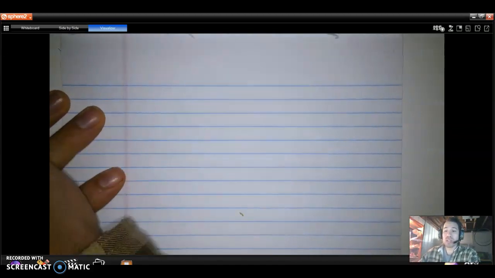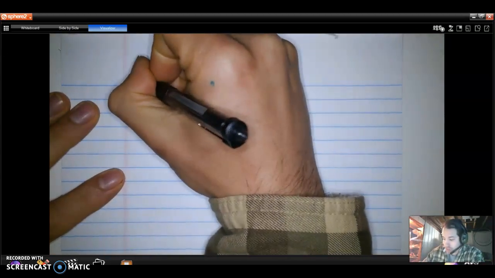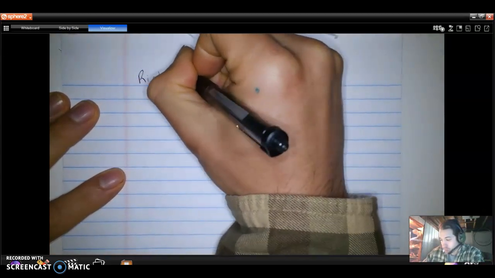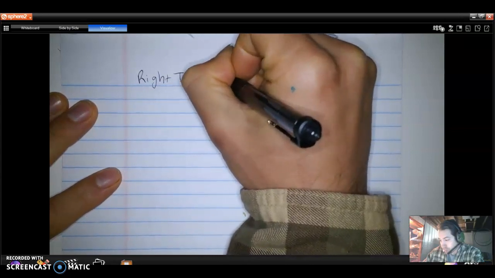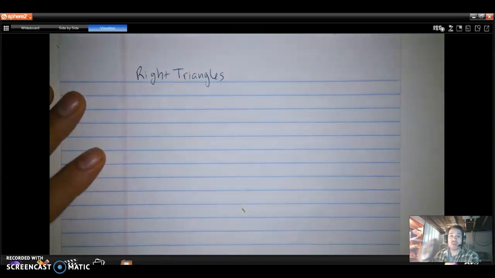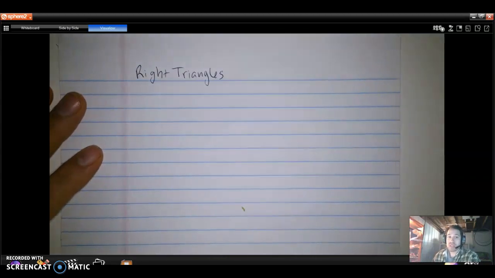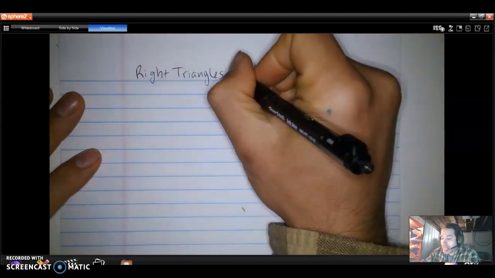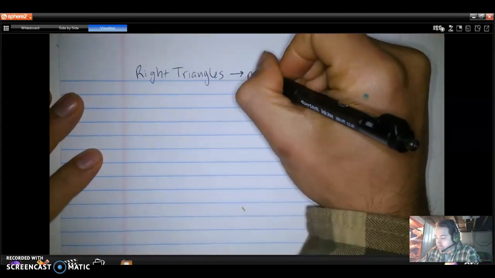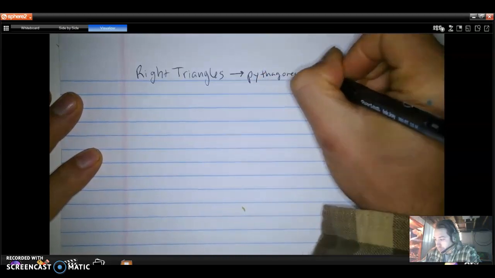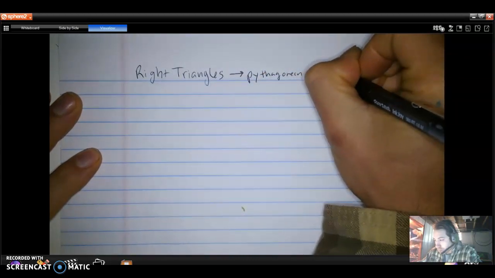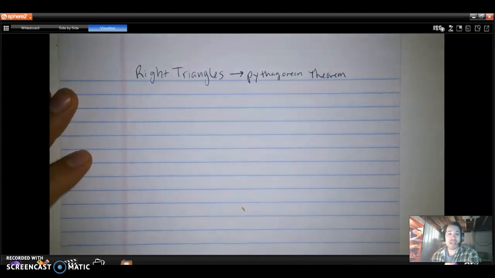Now, when we're working with trigonometry, we often use right triangles. Now, when we're using right triangles, it's very helpful to us for a number of reasons, mainly because we can utilize the Pythagorean theorem.